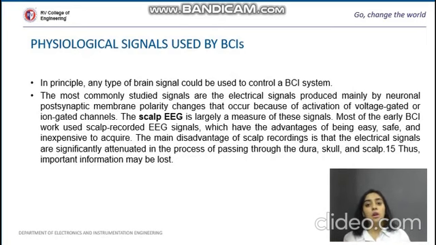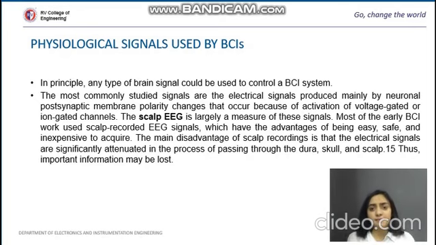So, a lot of physiological signals can be used in the BCI system to control the devices around you or your environment. So, the first one would be a scalp EEG. What exactly is a scalp EEG? This is postsynaptic membrane polarity changes which can be caught by placing electrodes in strategic positions on an individual's scalp.